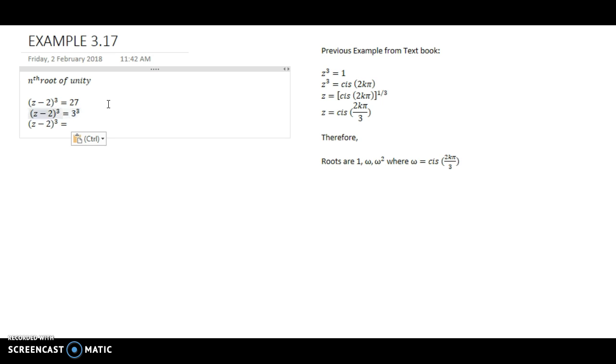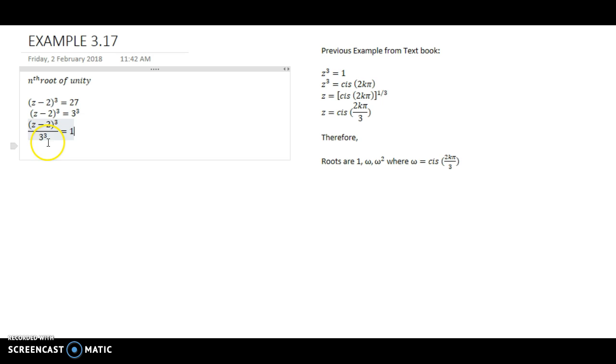So this, divided by 3, is then going to equal 1, and that's where the concept of the unit comes in.